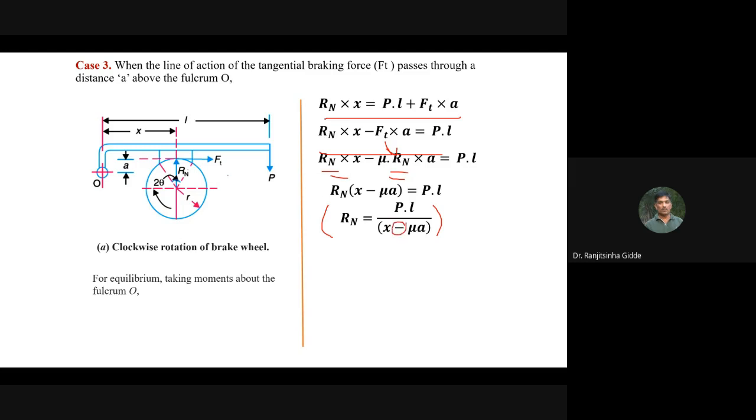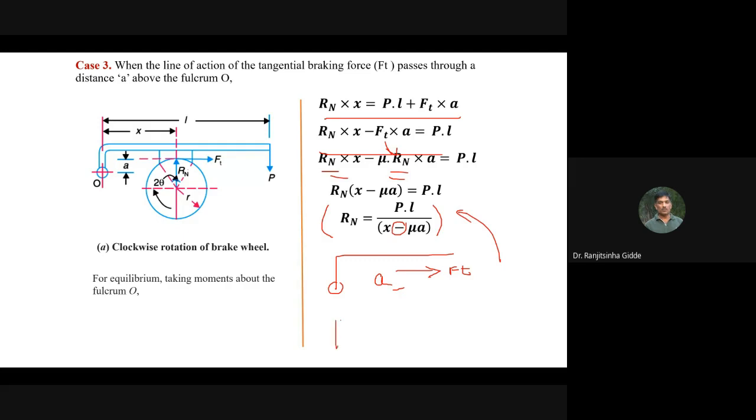So whenever, just I will draw here Ft. So this one is the distance. This is the formula.